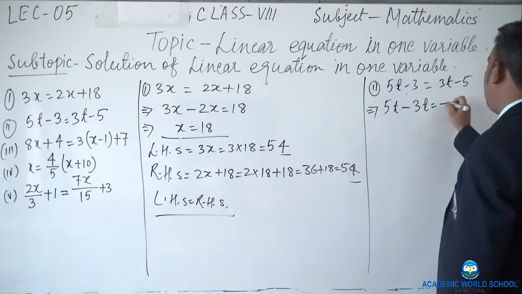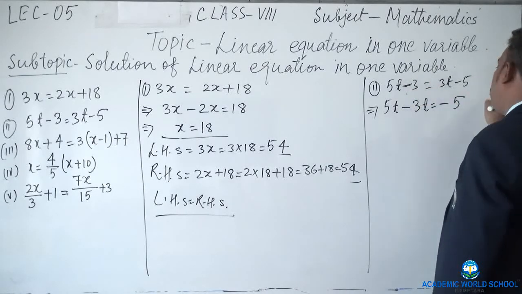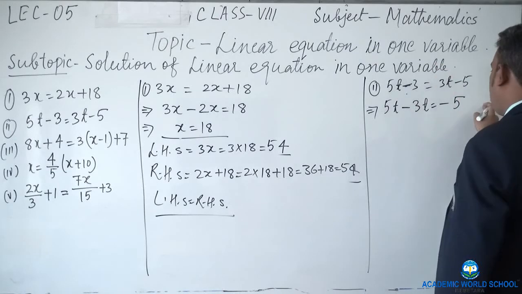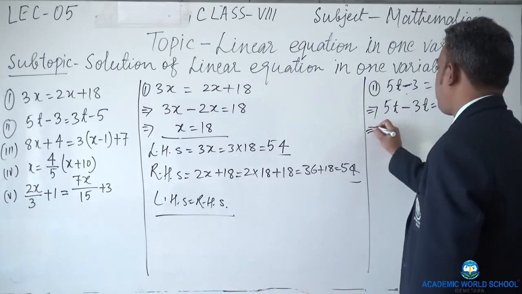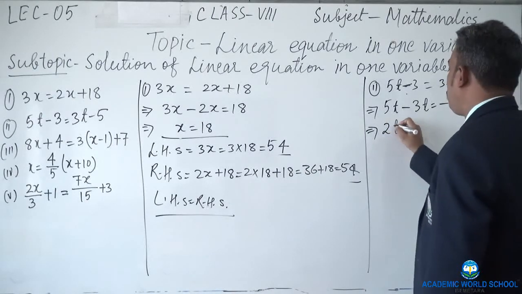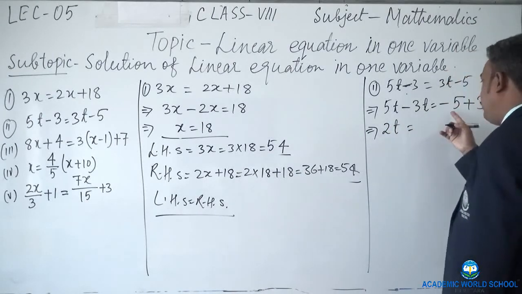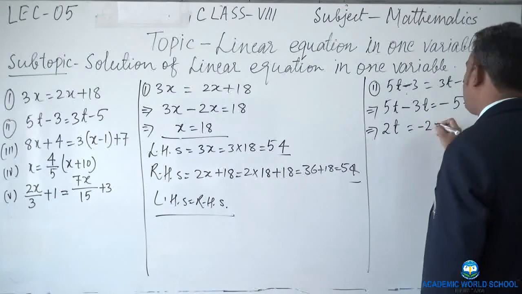Now this minus 5 we will write here. Now this minus 3 you will move to the right side, so minus will become plus 3. Now 5t minus 3t will be 2t, and this one, minus 5 plus 3, will be minus 2.